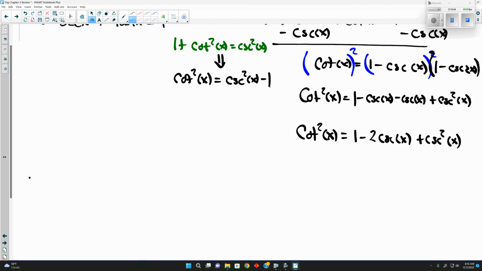And interestingly, it's not going to matter either way. Because if I replace the cotangent with cosecant squared of x minus 1, it is equal to 1 minus 2 cosecant of x plus cosecant squared of x.